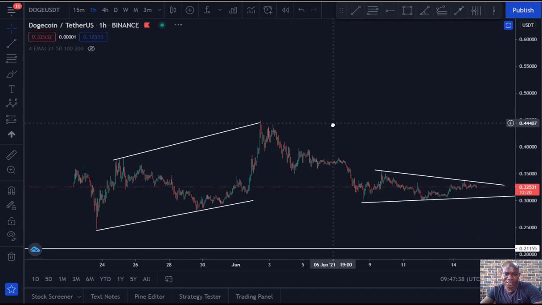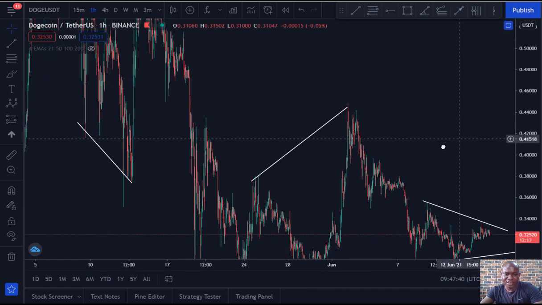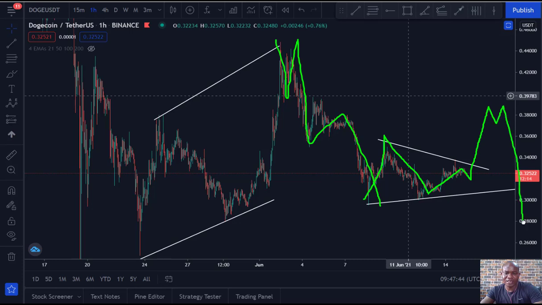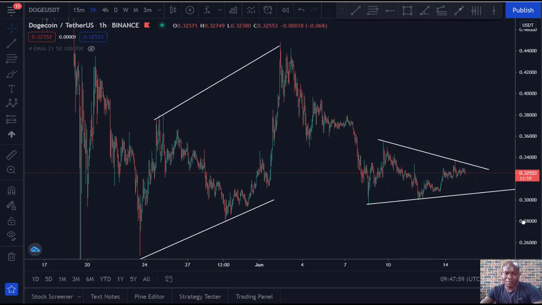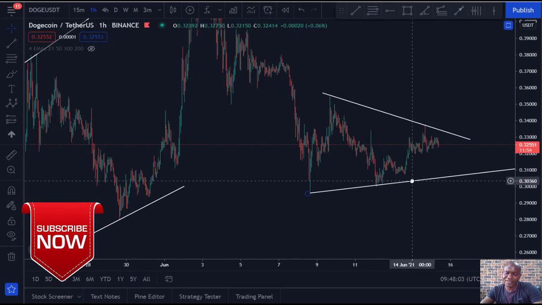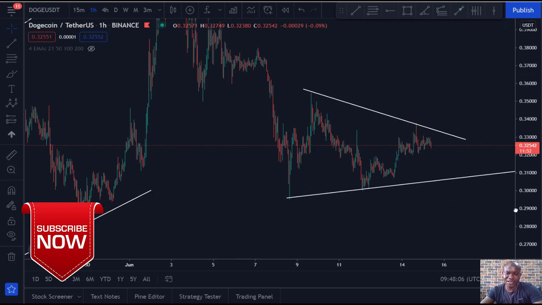If you go down to the 1 hour chart, we can see internally that from this chart we've gotten 1, 2, 3, 4, 5 downwards. What you might be seeing here is 1, 2, something like here and down, which is likely to occur. But in a nutshell, the breakout of this triangle is not completed now.